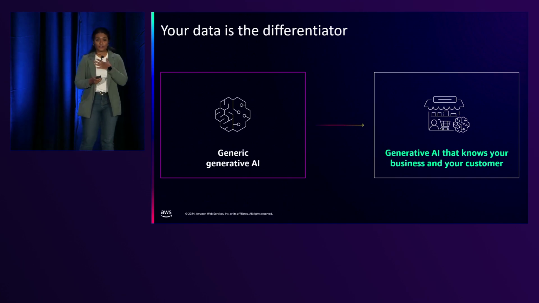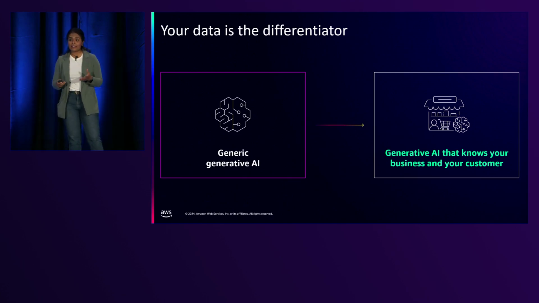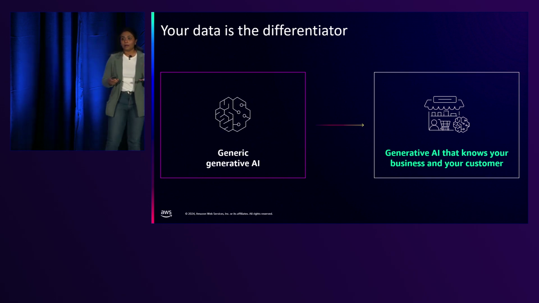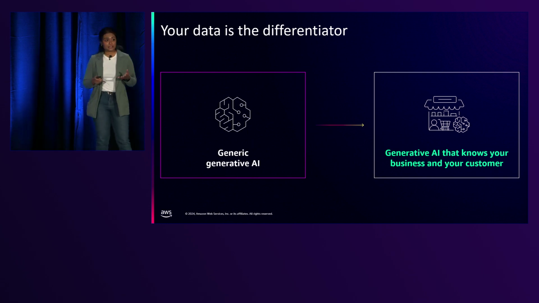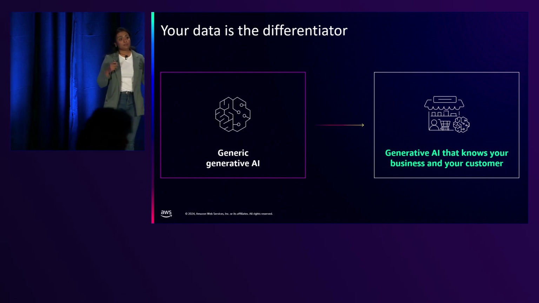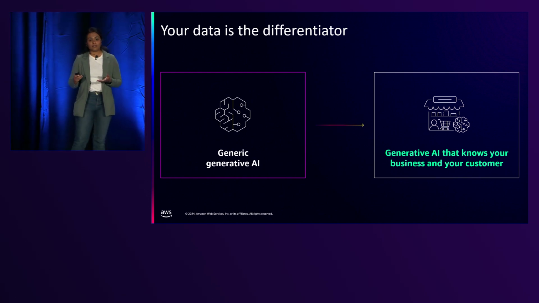What we know to be true is that data is really the heart of generative AI. It's what's differentiating your applications as well as speeding up innovation in your organization. So the purpose of our session today is to walk you through how some of our customers are preparing to build with generative AI.